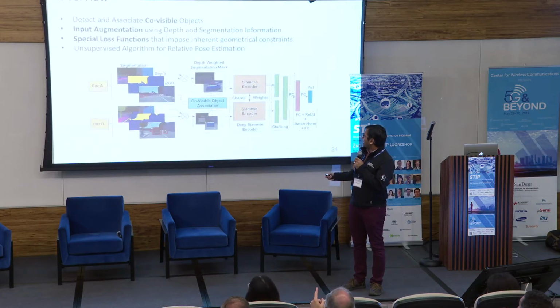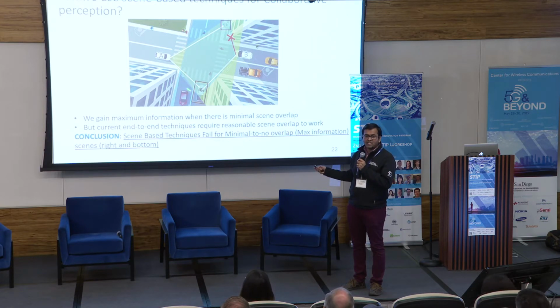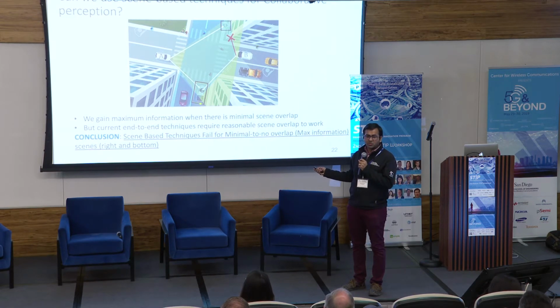Yes, so B and C. How do you get the relative pose between B and C? You don't need relative pose. You just need to see C from both A and B, and you combine A and B's data. So C is used as a common object between A and B. You get common object C's depth with respect to A, its pose with respect to A, and its viewpoint.